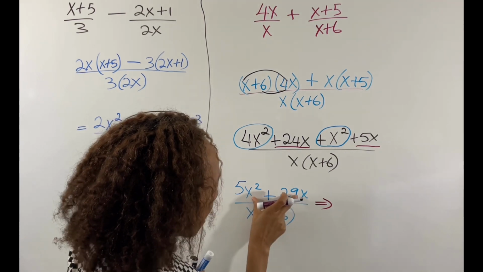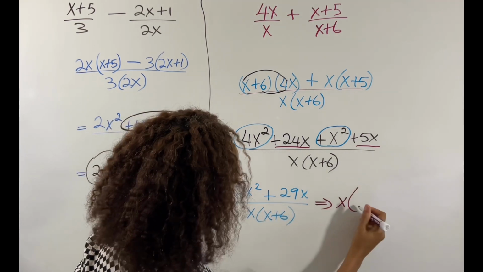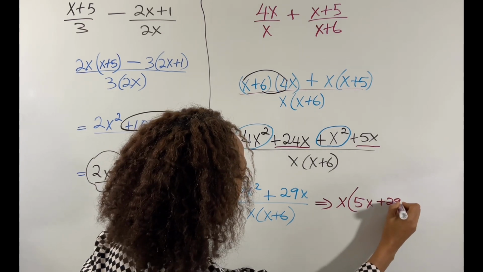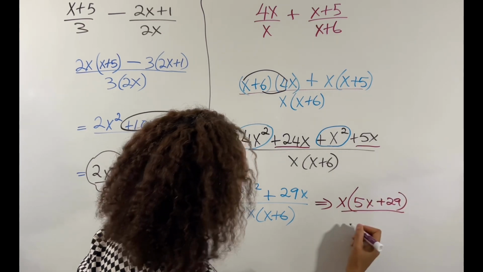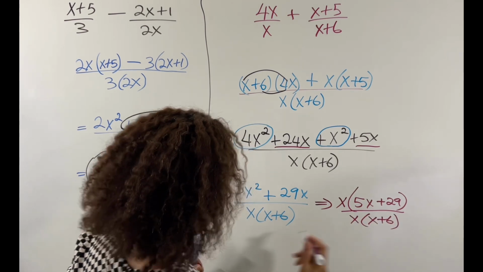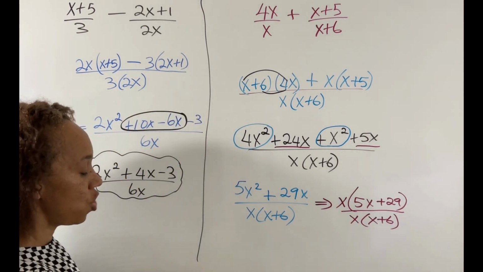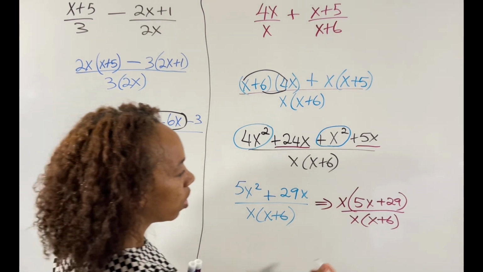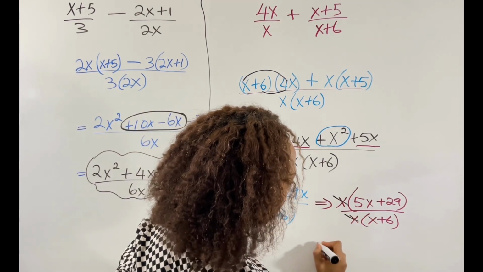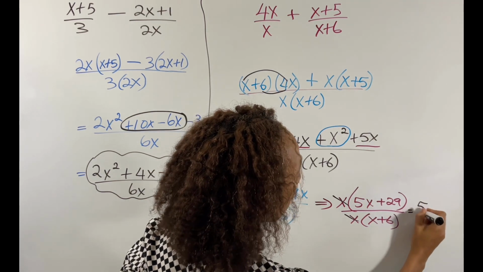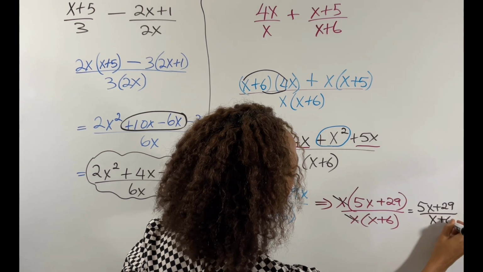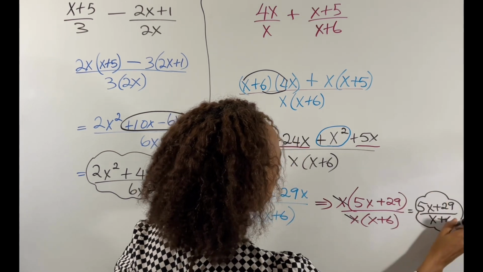So x can go into this, so you can have x parentheses 5x plus 29, and this over x parentheses x plus 6. Now from this you can cancel out your x there, and your final answer is going to be 5x plus 29 over x plus 6. And that is going to be your final answer.